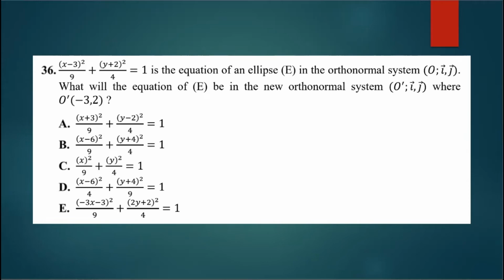Okay, the system originally at O. This ellipse has a center at 3 and -2. 3 is here, -2 is here. 3, -2 is here. Now the origin will be translated to the point -3 and 2 there.